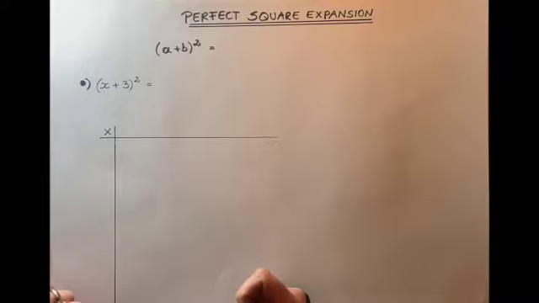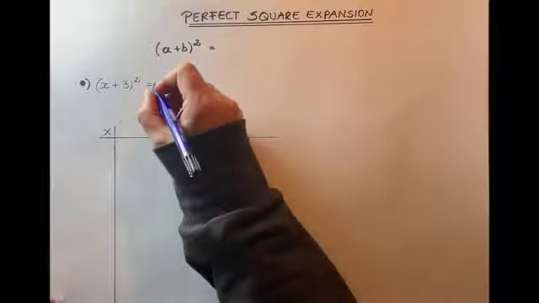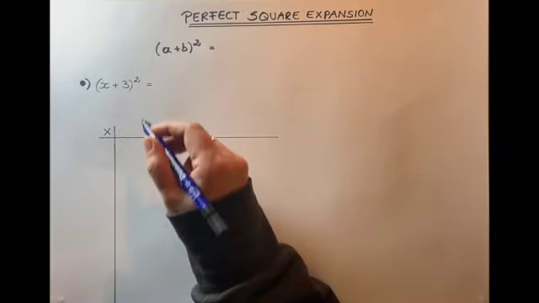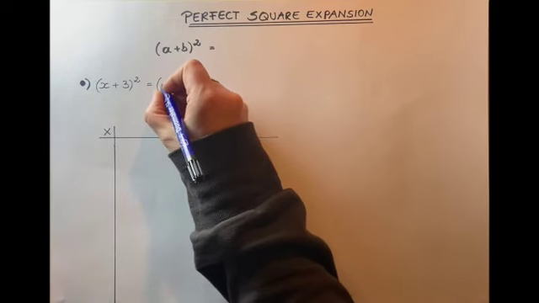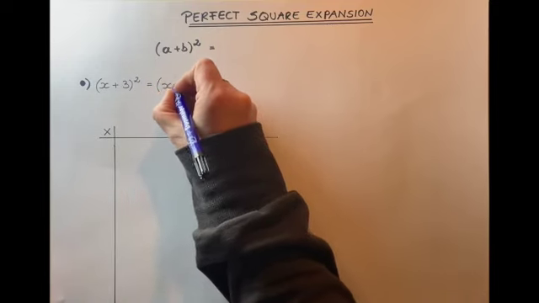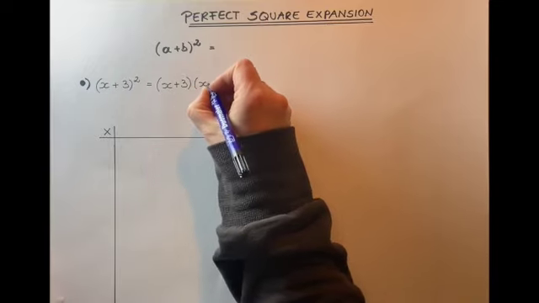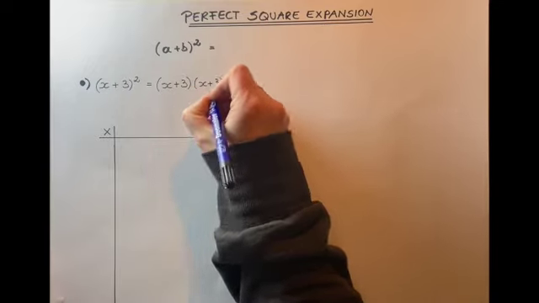Well, I'm going to show you a small trick, because actually I think you know that (x + 3) to the power of 2 means that we're multiplying (x + 3) times (x + 3).